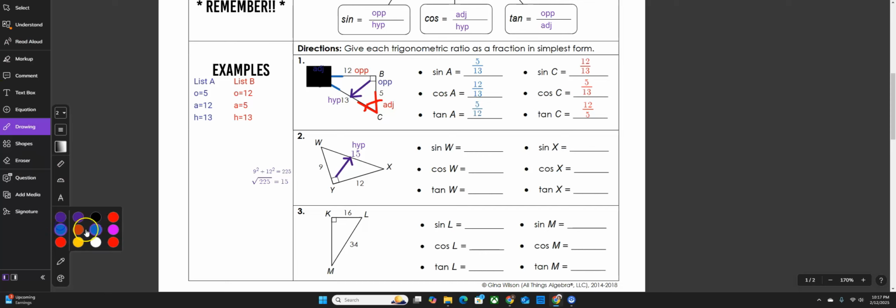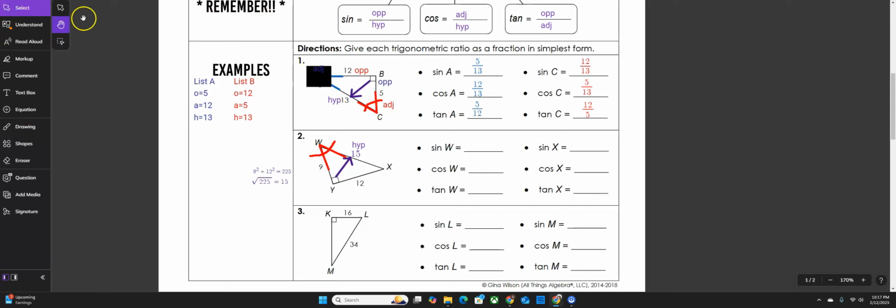Okay, so let's focus on angle W right here. First thing I'm going to do is highlight. And then I'm going to just borrow this box here, cover up angle X so I can focus.